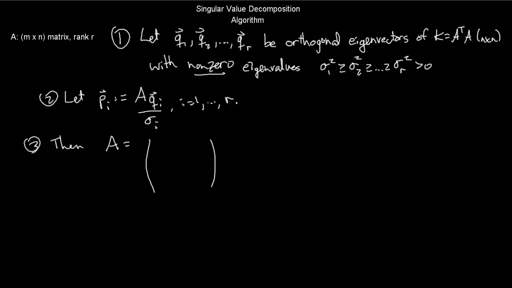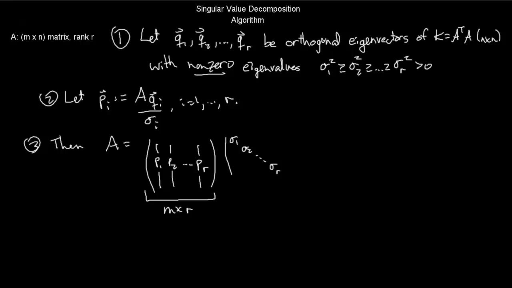Three, the theorem, is that you can rewrite A as a product of 3 matrices. The first matrix has got the P's in the columns. So P1 is the first column, P2 is the second column, and Pr is the rth column. This is an m by r matrix. And this will be multiplied by a square matrix, an r by r matrix, that is a diagonal matrix.